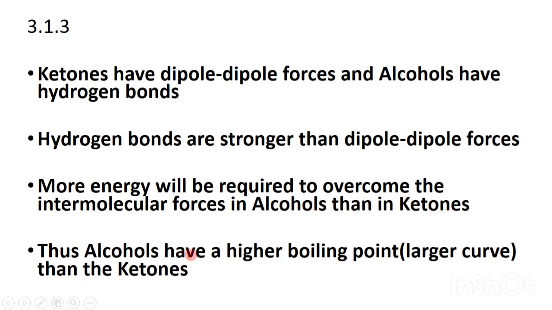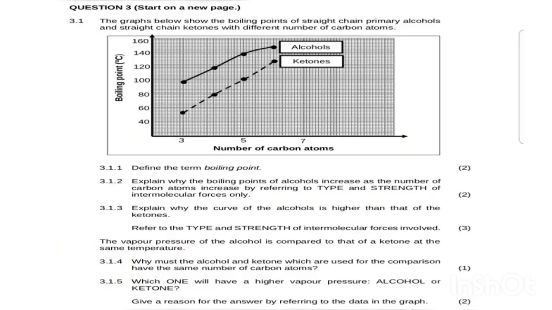Thus, alcohols will have a higher boiling point, which is indicated by a higher curve than the ketones.